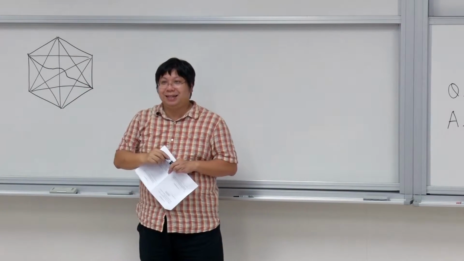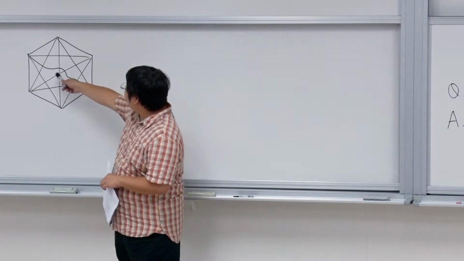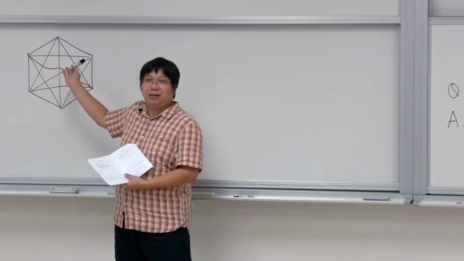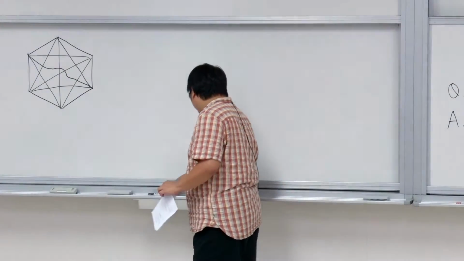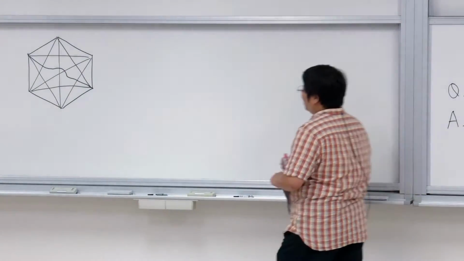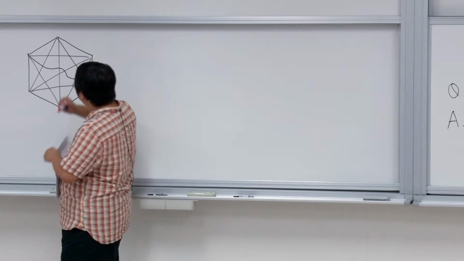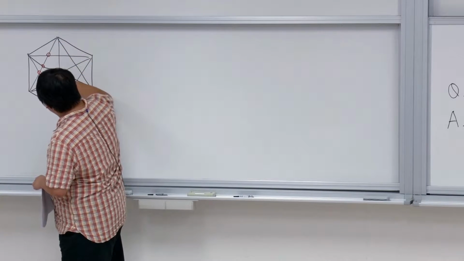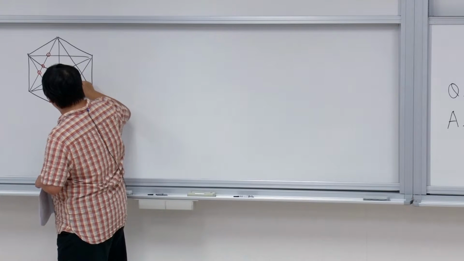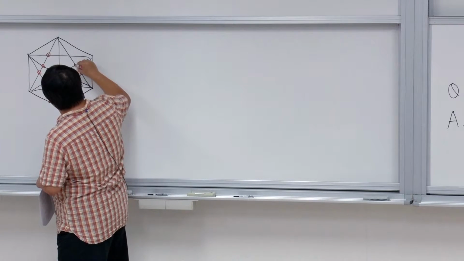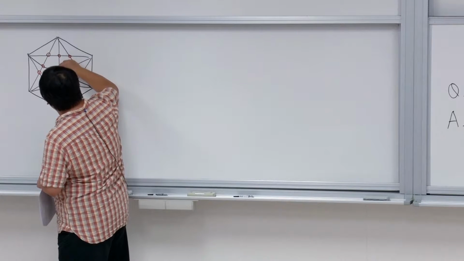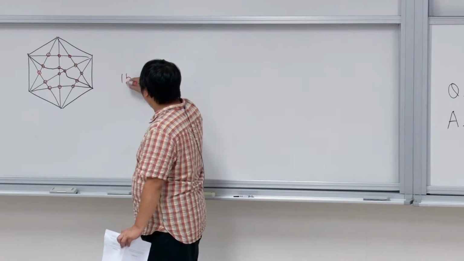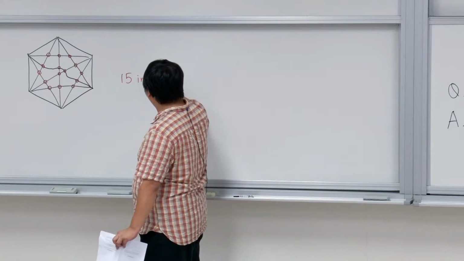Although I'm making this curly, it doesn't increase or decrease the number of intersections. So let's count the number of intersections here. Although it is very strange, there's 1, 2, 3, 4, 5, 6, 7, 8, 9, 10, 11, 12, 13, 14, 15. So there are 15 intersections.